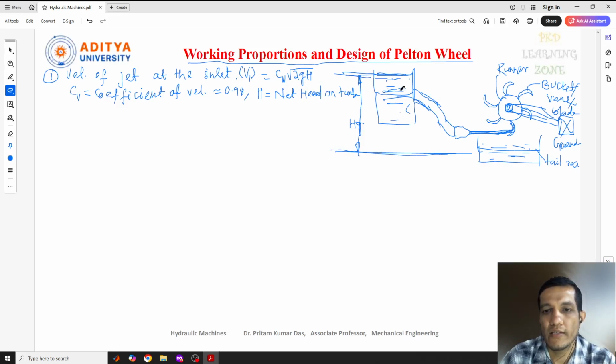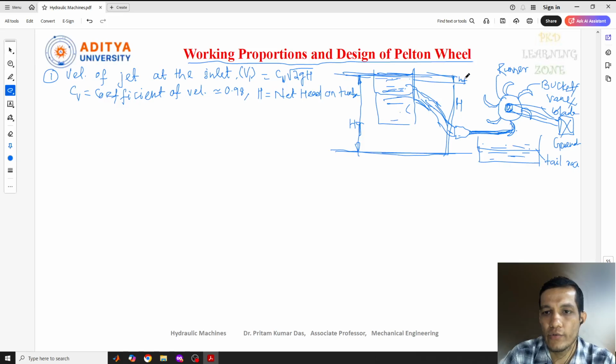When the water starts moving through the penstock and strikes the blade, there are obviously some losses during the flow. If you remove the losses, Hf, the remaining is called the net head H on the turbine.